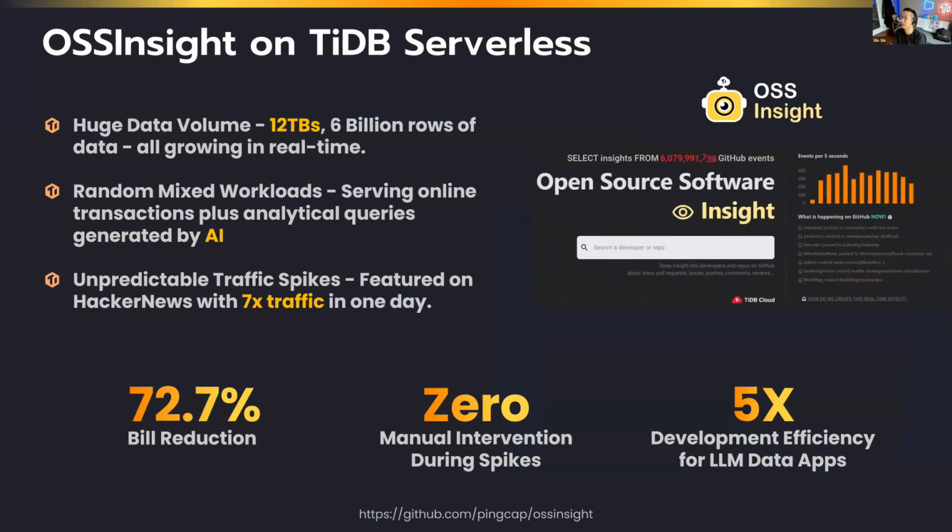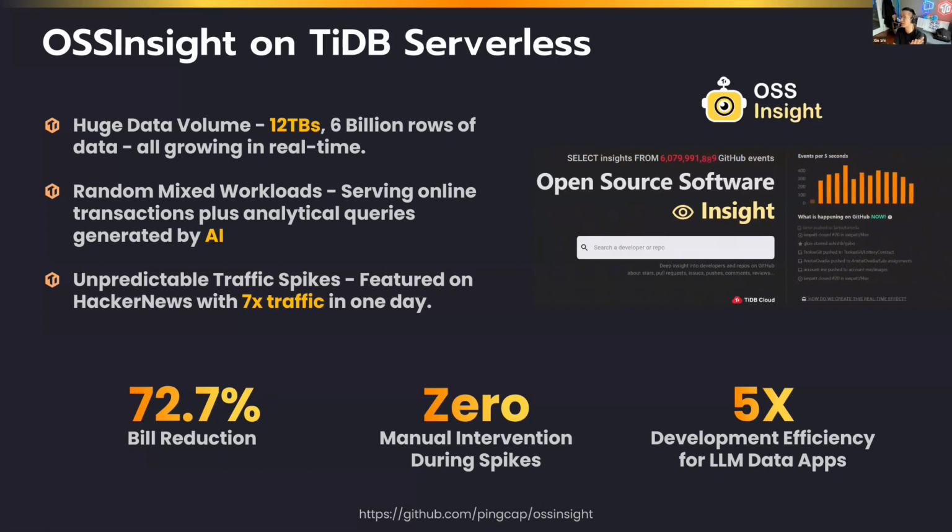It has a huge data volume, 12 terabytes of data, that's 6 billion rows of data, and it all grows in real time. From the animation on the right side, you can see the numbers growing rapidly. And definitely it has random mixed workloads.